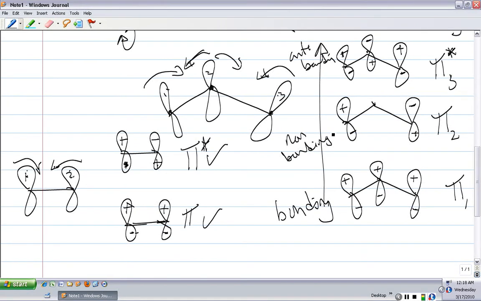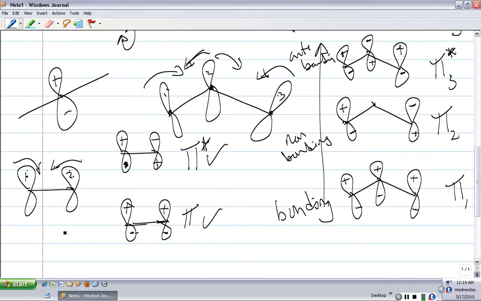Well, one of the questions we're going to ask about these orbitals is, do they have any nodes? And what is a node? A node is a surface about which there's a phase change. So, for example, if I look at a p orbital, right, plus, minus, there is a node here about which my phase changes from plus to minus.